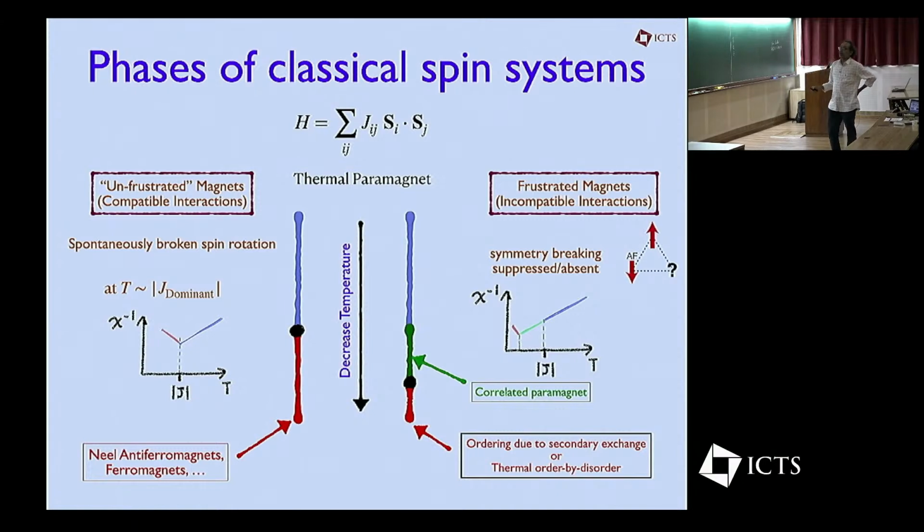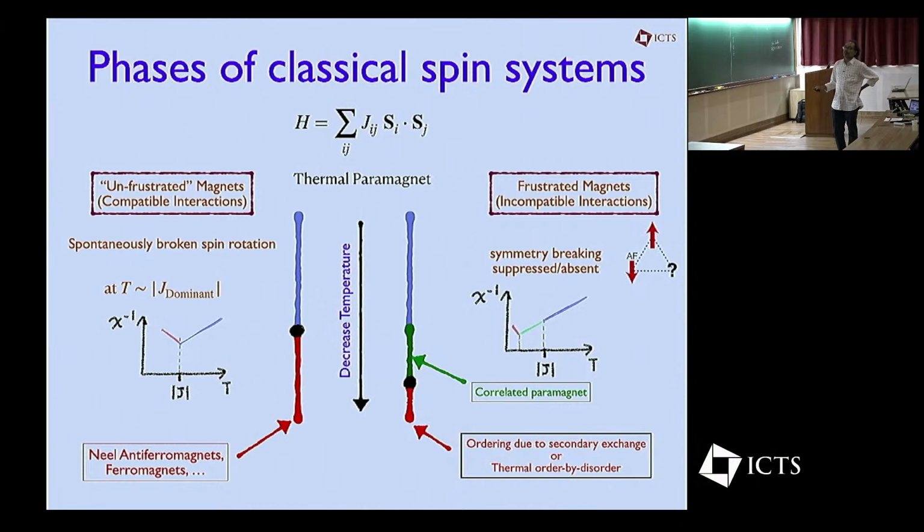But another interesting family of such magnets are the frustrated ones, where the interactions are incompatible in the sense that different sets of interactions are not compatible with each other, and hence they compete. In such systems, when you cool them well past their characteristic energy scale, which is the exchange scale, they continue to remain in this paramagnetic phase because the competing interactions cannot decide which order to go into.